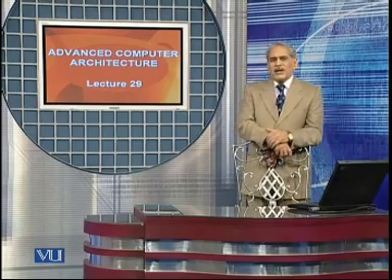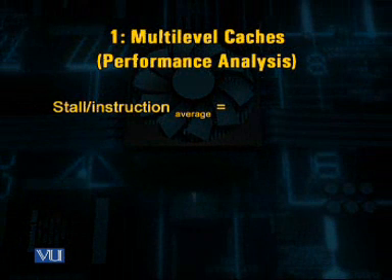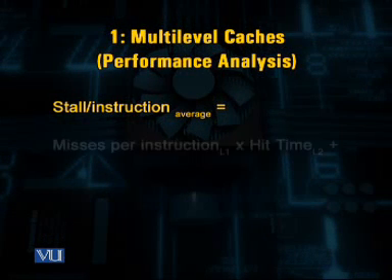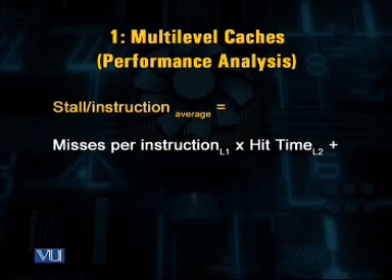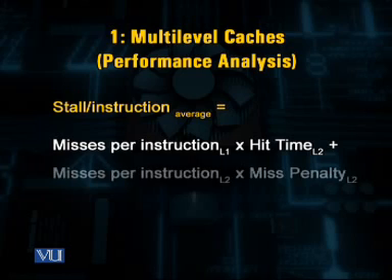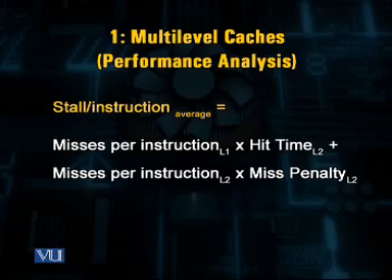So we can rewrite this expression as the average stalls per instruction equal to the misses per instruction for level 1 multiplied by the hit time for level 2, plus the misses per instruction for level 2 multiplied by the miss penalty for level 2.